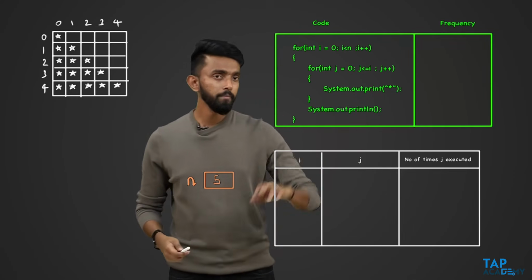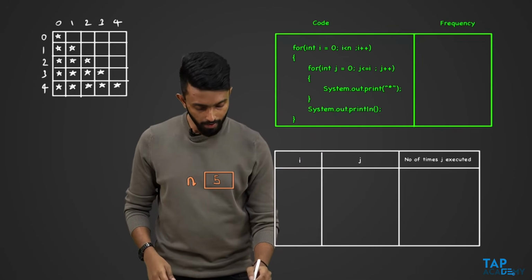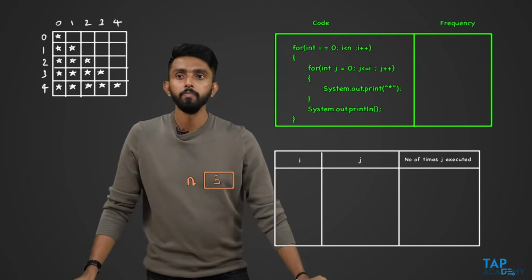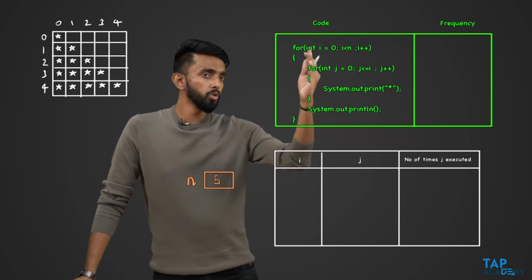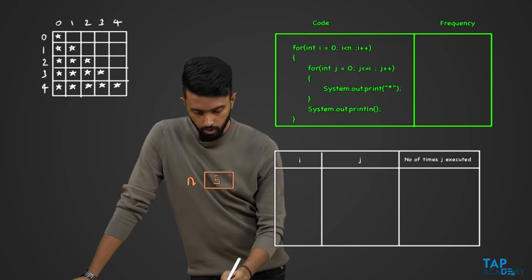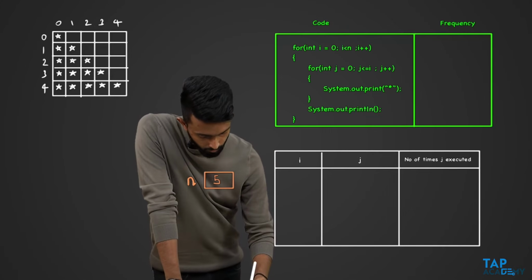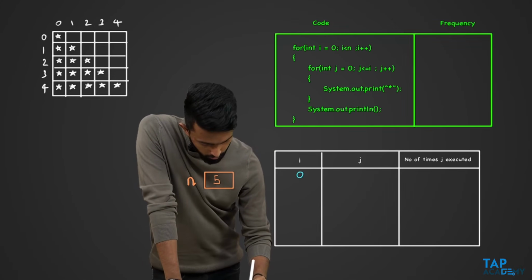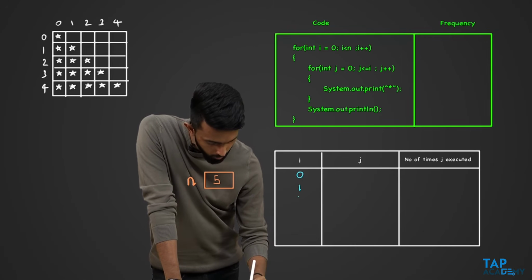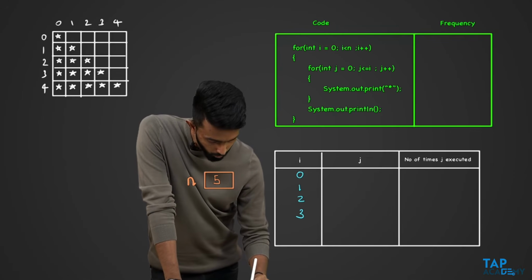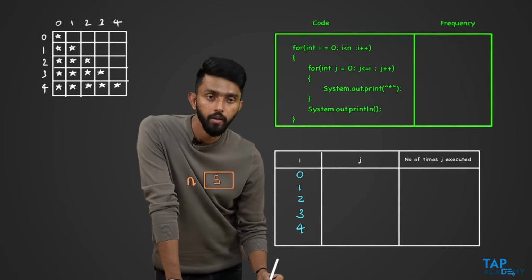So let's begin. I will first analyze this outermost loop. The outermost loop is going from 0 to n, which means this is how it will work. For i value 0 it will work, for 1 it will work, for 2, for 3, for 4 also it will work.